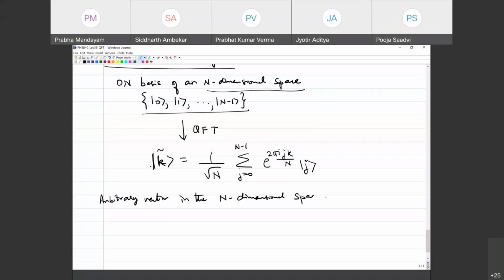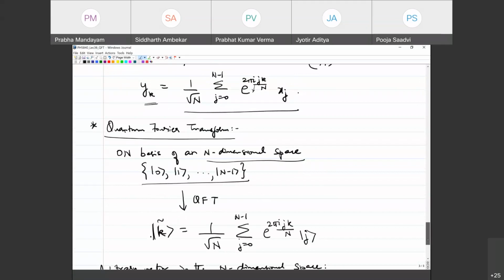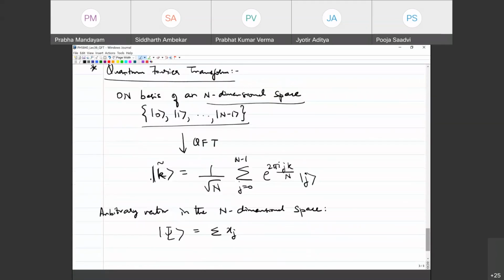So if I have an arbitrary vector psi, which is some superposition of the j's, let me say x, then after the QFT, where j goes from 0 to n minus 1, the xj are now some complex coefficients.